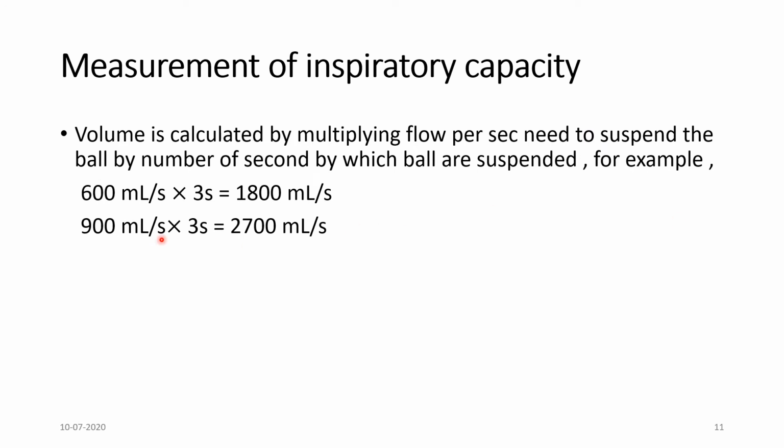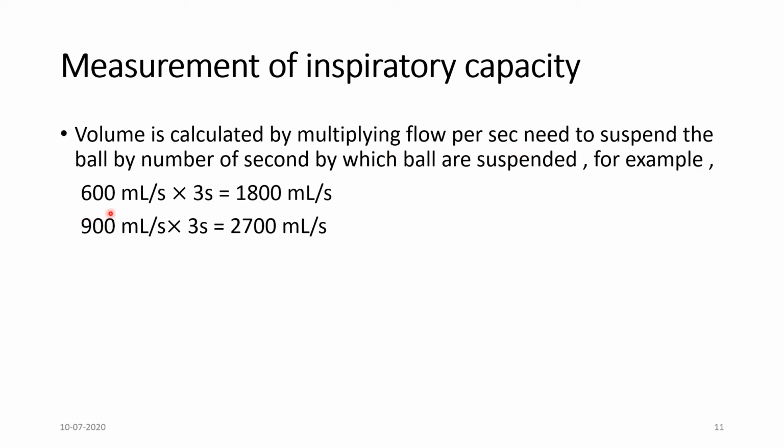Measurement of the inspiratory capacity: volume is calculated by multiplying the milliliters per second needed to suspend the wall by the number of seconds for which the wall is suspended.